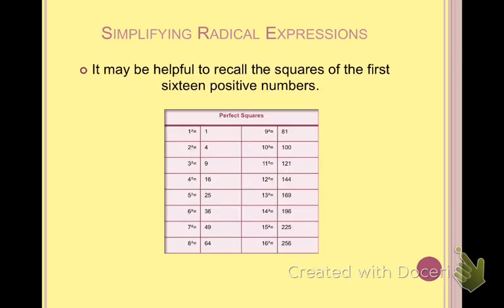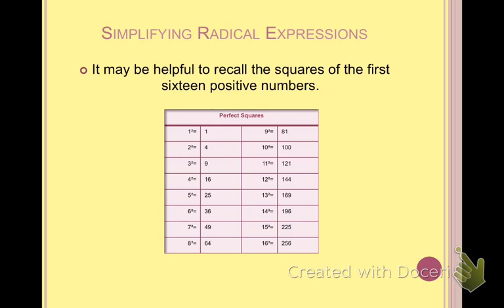Okay. So it might be helpful for you to go back and recall the square roots of the first 16 positive numbers. It's good especially to know up until at least the first 12, but knowing up until at least 15 and 16 is really a good idea.